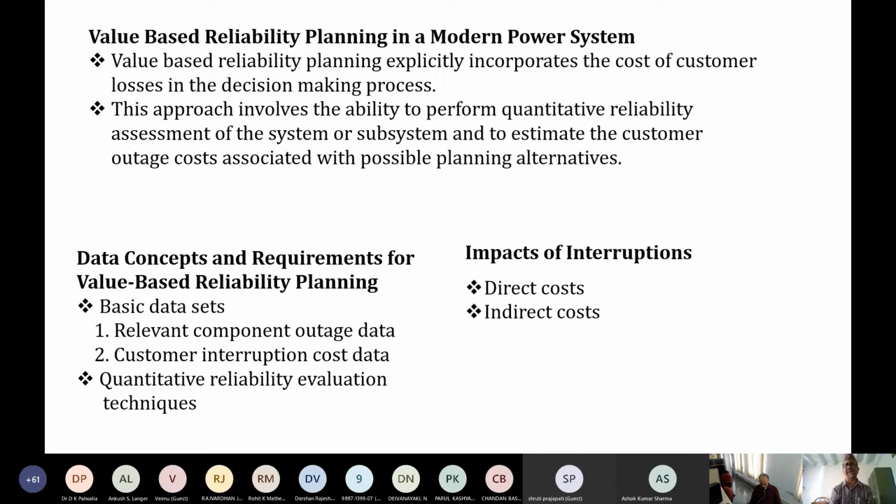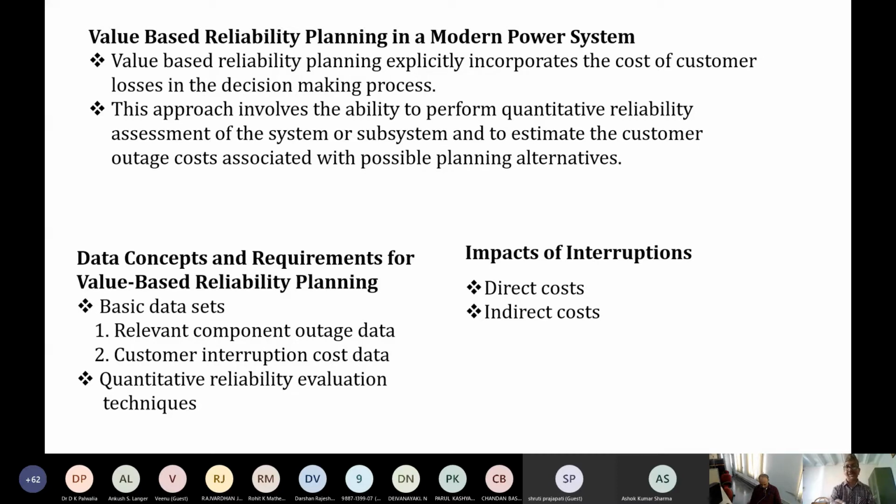Because for different planning alternatives, if I make over investment, unreliability cost will be low, but the total cost might be high. If I make under investment, then again unreliability cost will be high, investment cost will be low, but the total cost will again be higher.